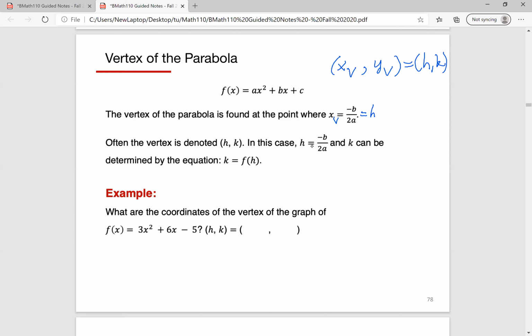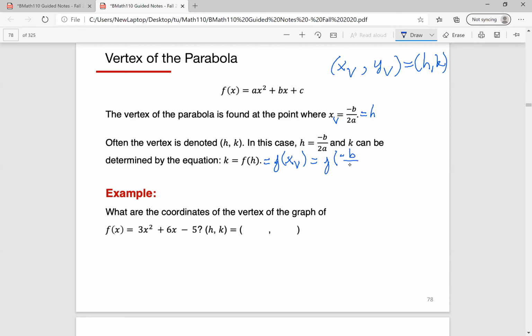In this case, h equals negative b over 2a, and k can be determined by the equation k equal to f of h, which is also equal to f of x of the vertex, which again is going to be equal to f of negative b over 2a.